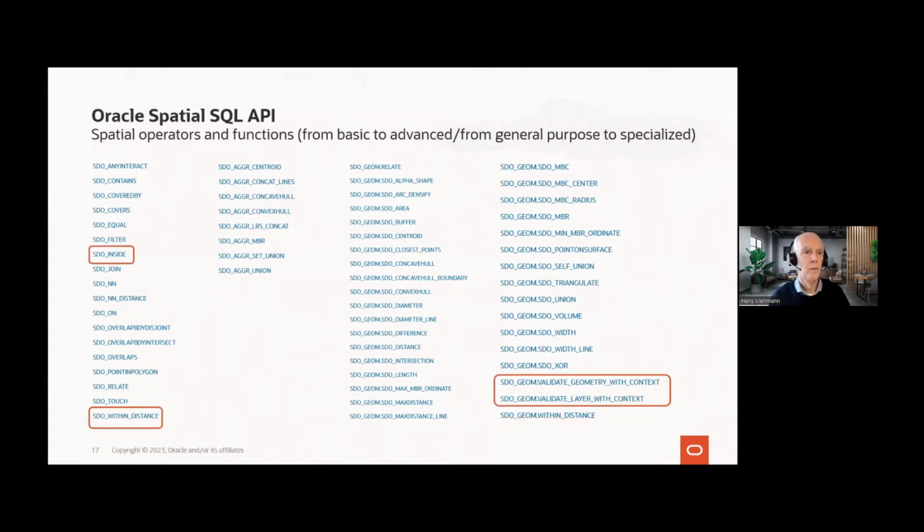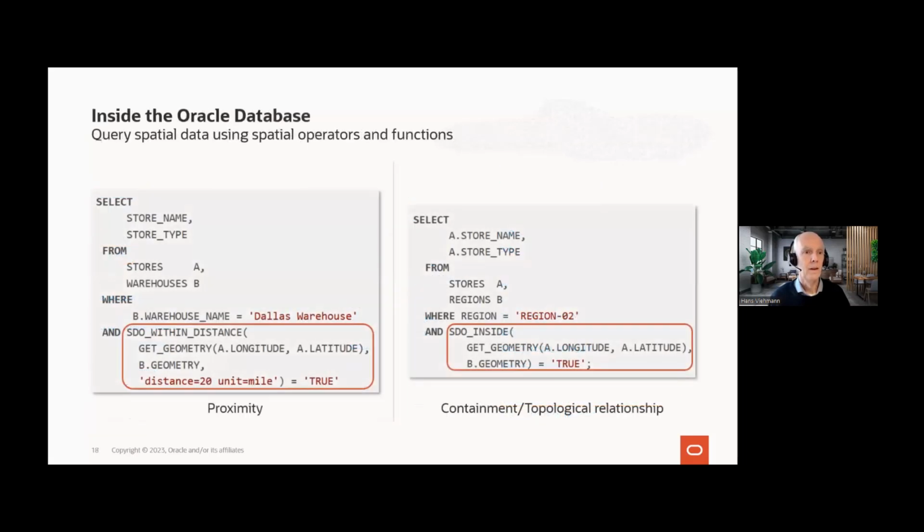And in today's talk, we'll primarily be looking at the inside operator, the SDO within distance operator, and we'll briefly touch on spatial data validation as well. Right, inside and within distance, Ramu will show that in a moment. For these kinds of proximity and containment queries, this is what a spatial query looks like. Right here, for the proximity, we have the operator, as I said, SDO_WITHIN_DISTANCE.